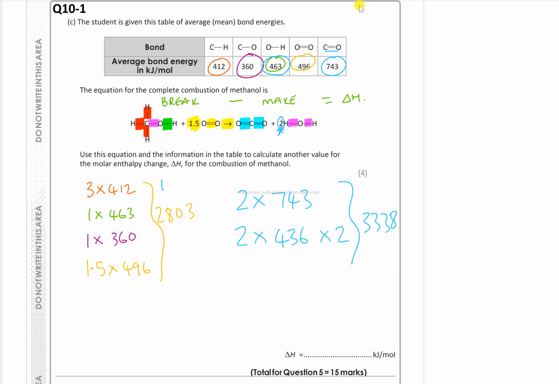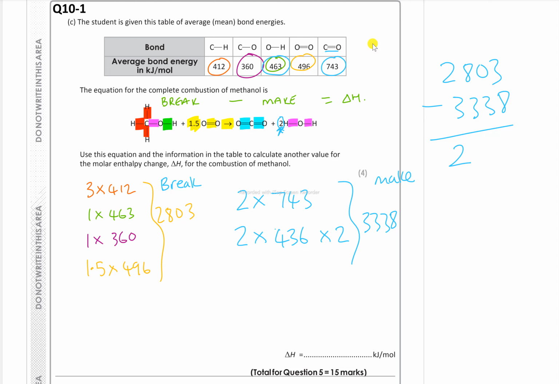And we said it's break minus make. So we just subtract the two numbers. So it's 2803 minus 3338. Let's have a look at what it gives. Enthalpy change.